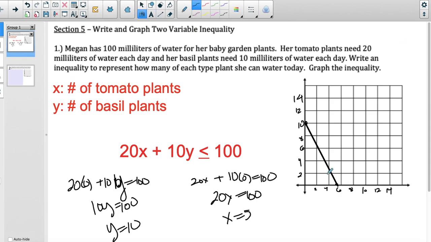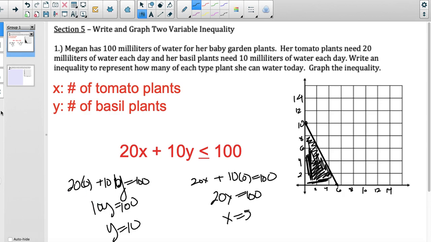We can have any of the combinations below that would also work, so all combinations in this area. Any combinations above this boundary line, we would not have enough water for this scenario.